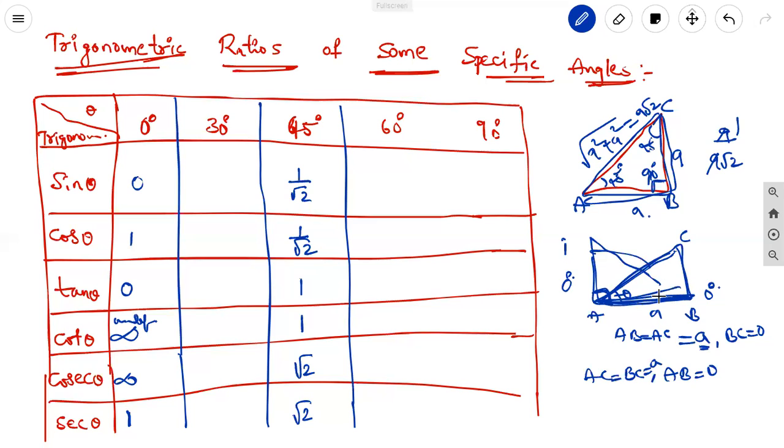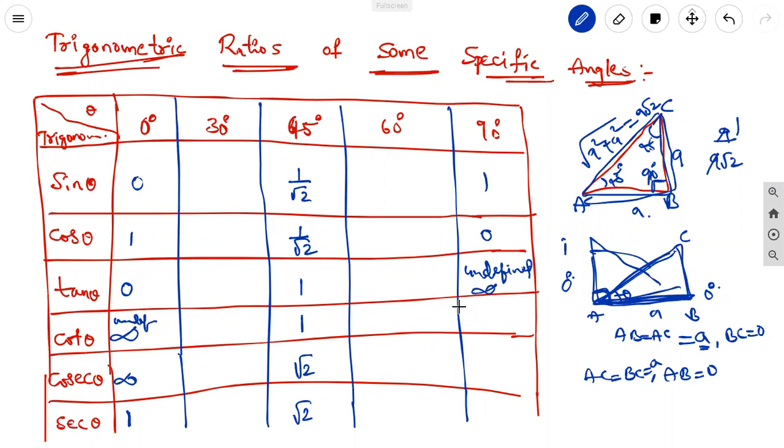The opposite BC by AC is A by A, it is 1. Sine 90 is 1. Cos 90 is 0. Why? Because here the adjacent side AB is 0. Tan theta is 1 by 0, it's undefined.